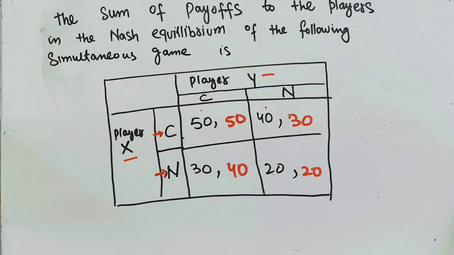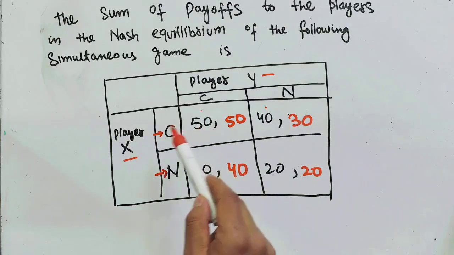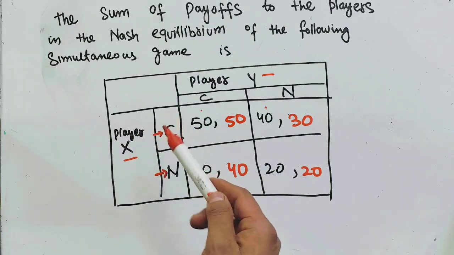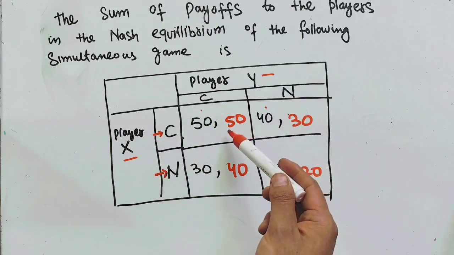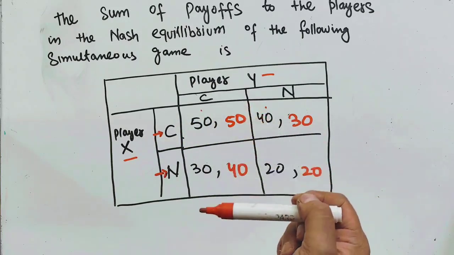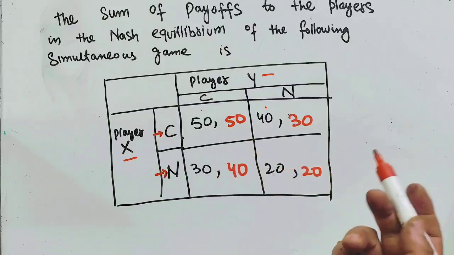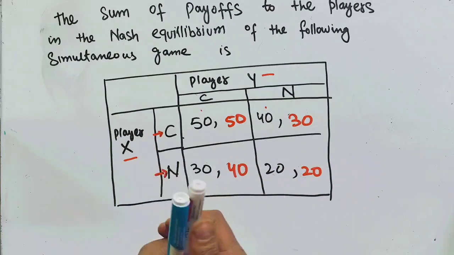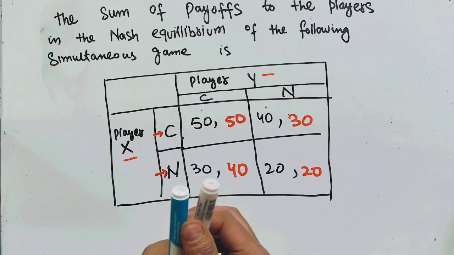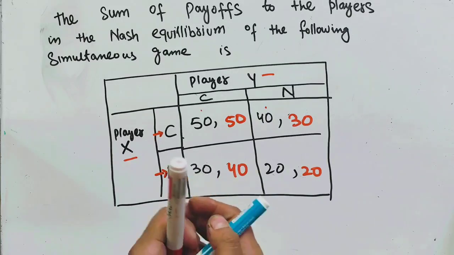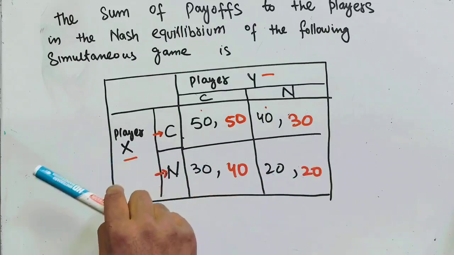Okay, so the black number denotes the payoff for player X when she or he chooses a specific strategy, and similarly the red ones are the payoffs for player Y when she or he chooses a specific strategy. We need to find out the Nash equilibrium in this case, and we need to add the payoffs of the players. So let us first find out the Nash equilibrium.